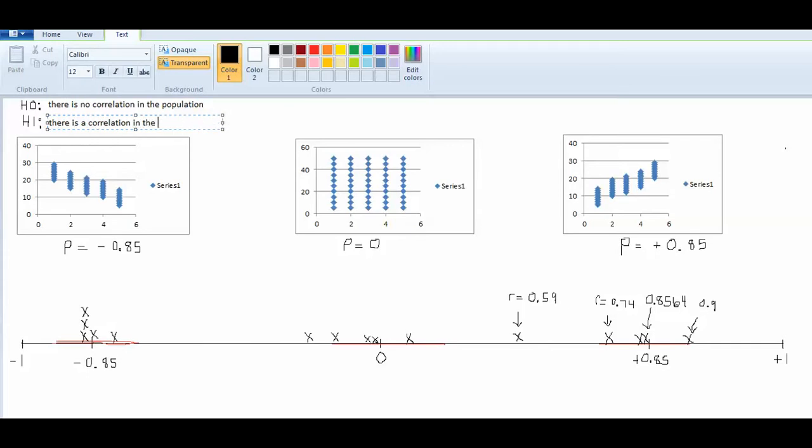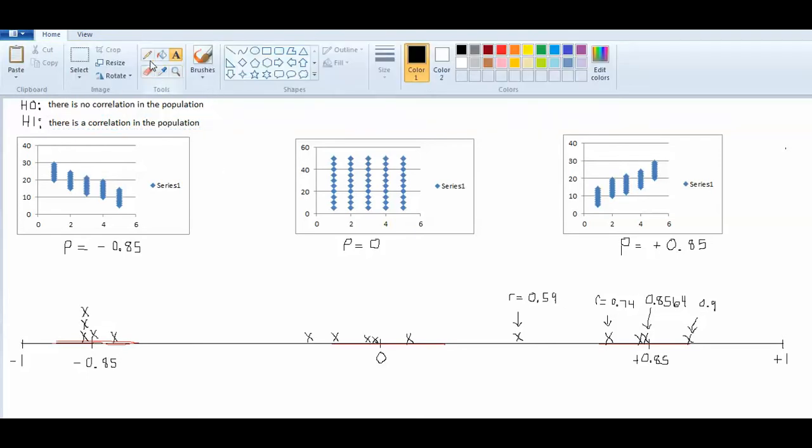And if you look in a textbook or on a website, you'll often see these written out in symbols. I'll show you what I mean. You might see H0 and H1.